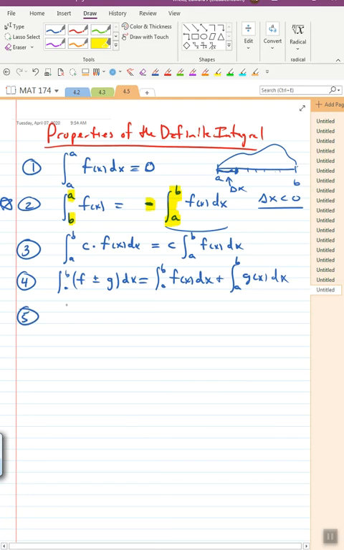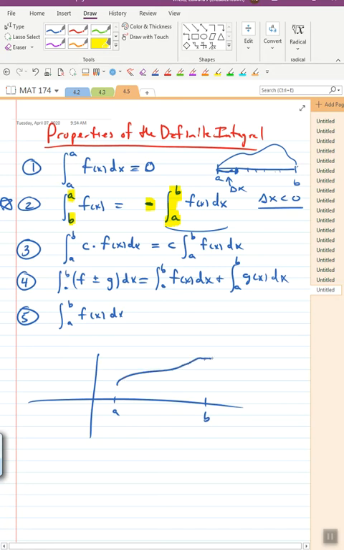The next one, though, let's say we had a function, let's say this is a, let's say this is b. Let's just say for convenience in our picture that everything's positive there. Let's say I pick some number in between a and b, like c. Okay, what can I say about the integral from a to b?